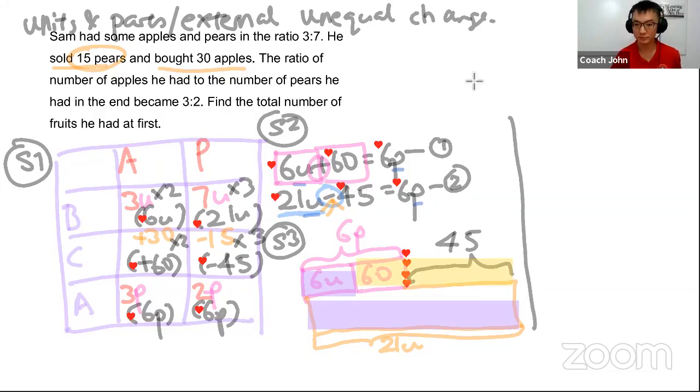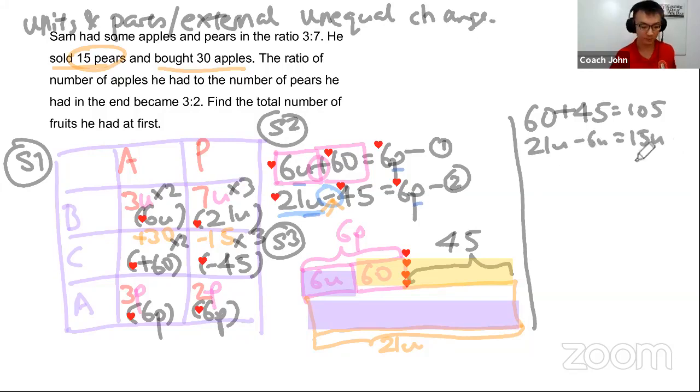Again, not drawn to scale. 60 plus 45 is actually 105. And then you look at the purple bar, it's actually more than, so 21u minus 6u is 15u. So what's 1u? 15u is 105 and 1u is 7.